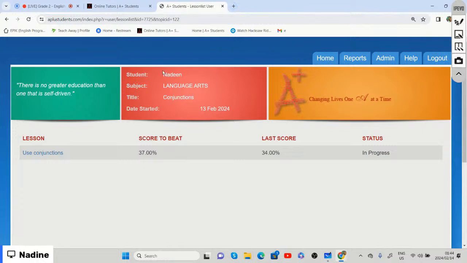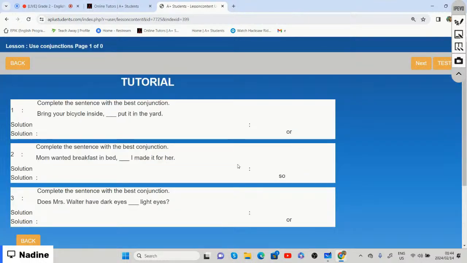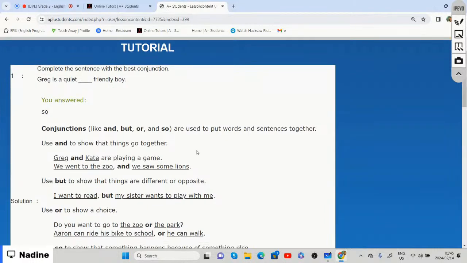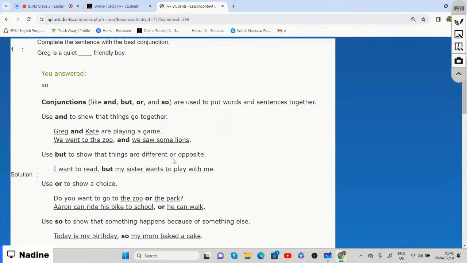And before we end our lesson, we say that our conjunctions are and, but, or, and so.